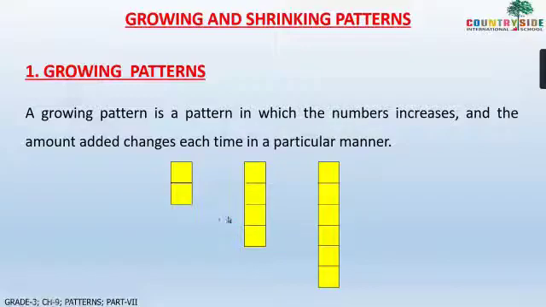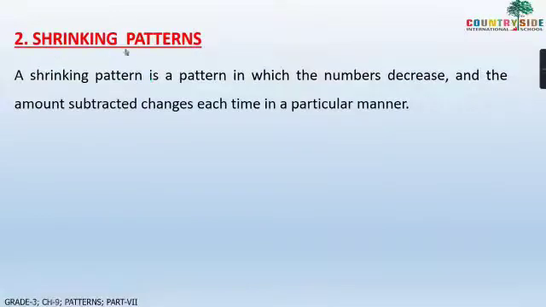The numbers increase. Here there were two boxes, then in the next group there are four boxes, and then there are six boxes. Every time the number of boxes is increasing, that is called a growing pattern. Understood children?